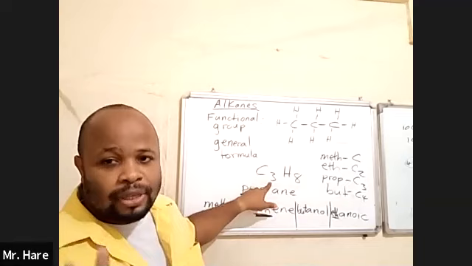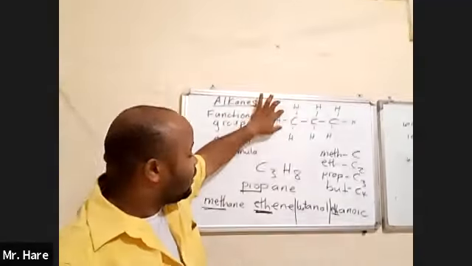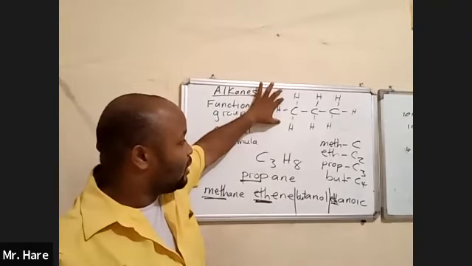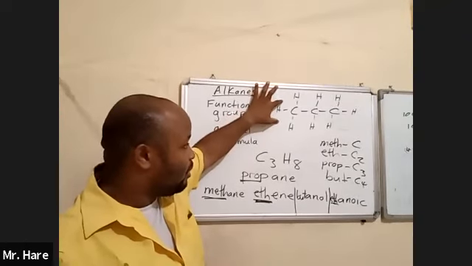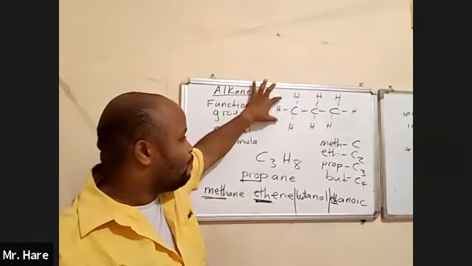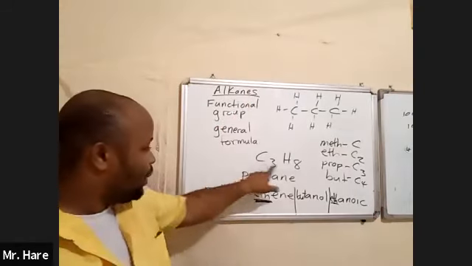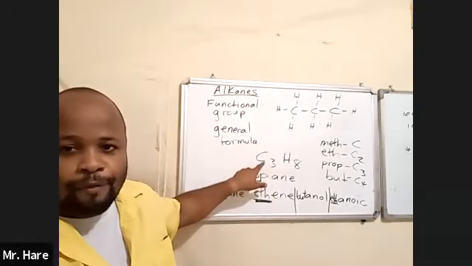If you're asked to draw the displayed formula or the structural formula, this is the one that you draw. This is the displayed formula, where you draw out each atom and show how they are bonded to each other. So C3H8 is the molecular formula.